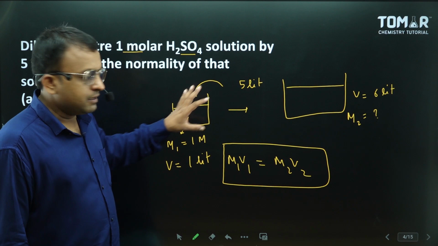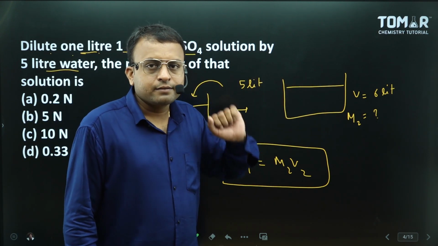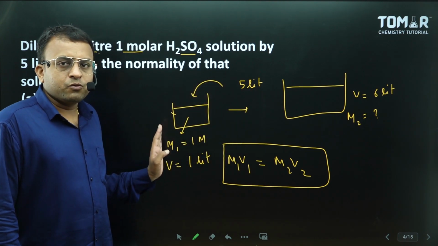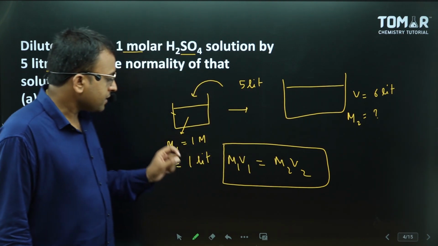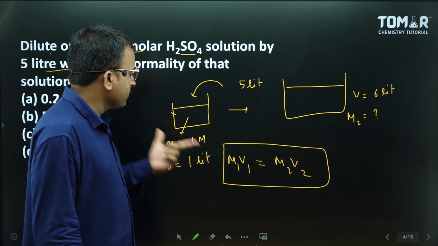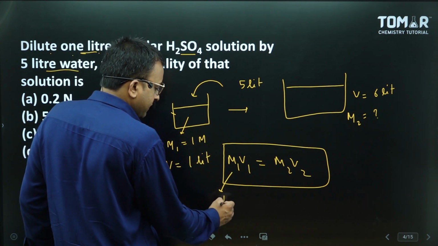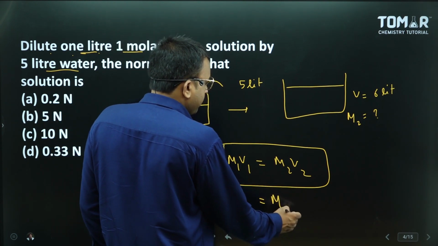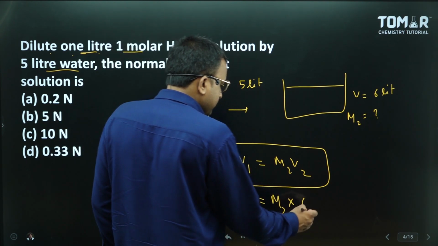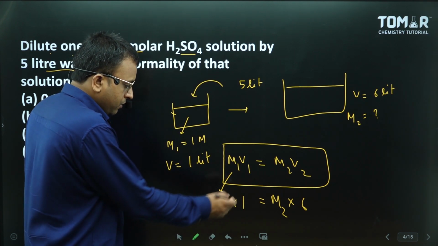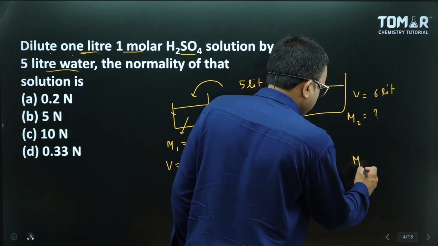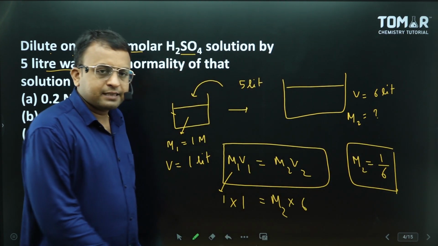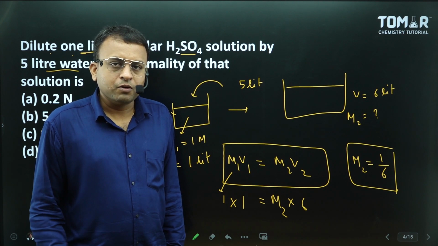The initial mole is equal to the final mole. So M1V1 is equal to M2V2. M1 is 1 molar, volume is 1 liter. We have to find M2, and the volume becomes 6 liter. Now the final molarity will be 1 by 6.